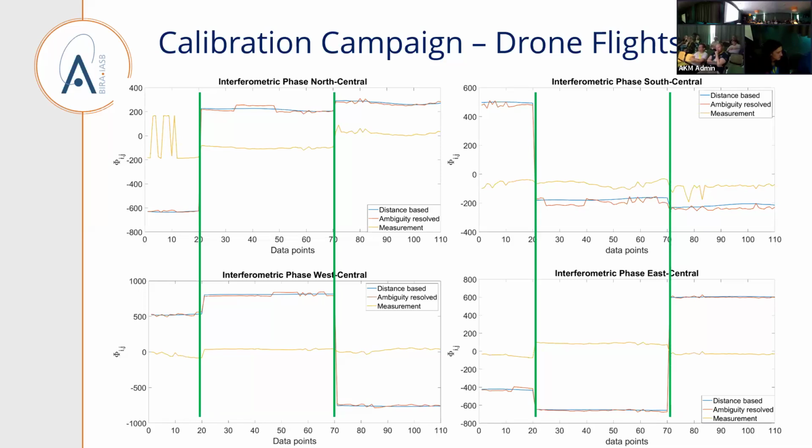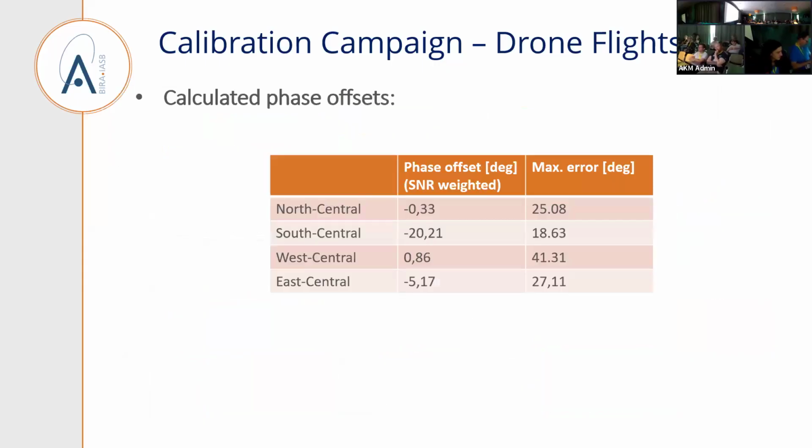A little bit larger discrepancies here between south and central antenna, but overall it's pretty close. So this leads to the phase offsets. They are weighted, signal-to-noise ratio weighted.